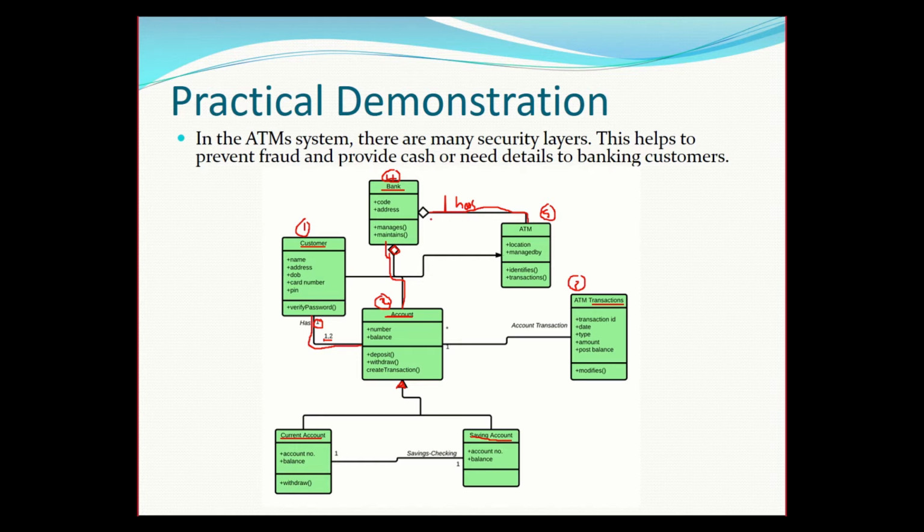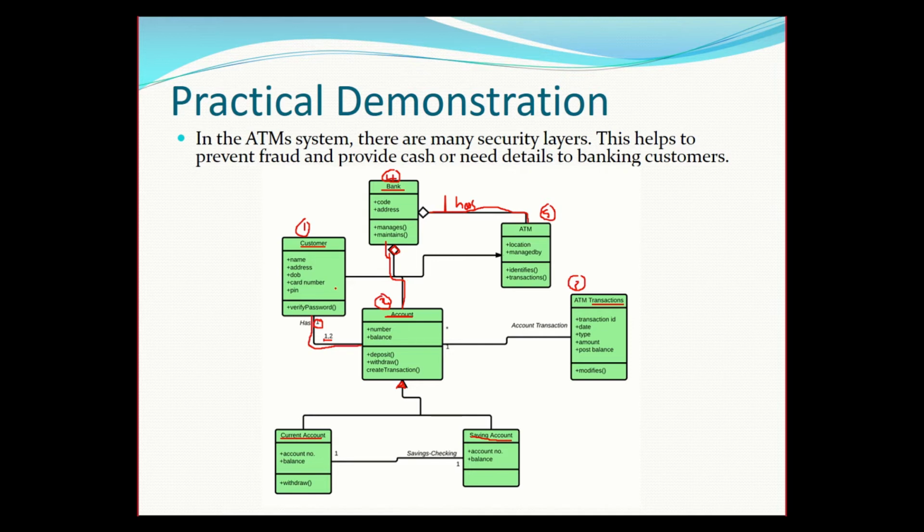It is a normal aggregation. If you want to withdraw money, you could go to the bank directly without using the ATM. Now the bank includes or has ATMs and includes accounts, and the customer will have one or two accounts. This is an example.